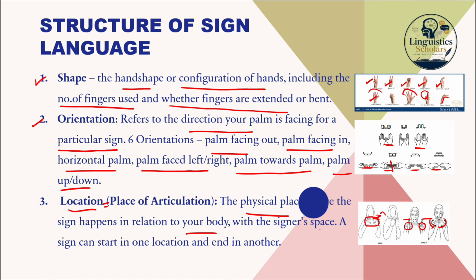A sign can start in one location and end in another location. As you can see, it starts at the shoulder and ends at the chin. So it starts at one location and ends at another, and this location is with respect to the body. As a result, it is called location, and it is parallel with the place of articulation.